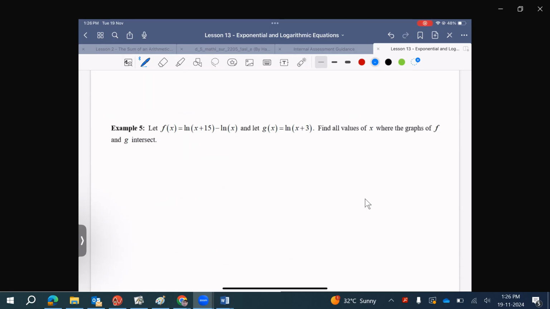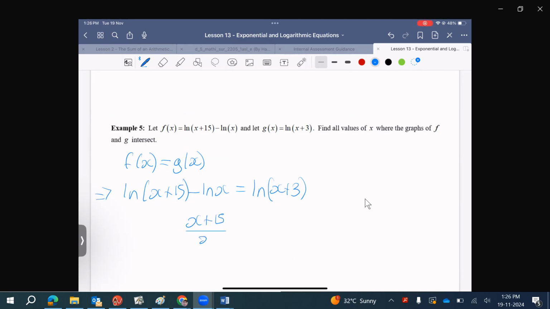So if f of x is equal to g of x, it implies that ln of x plus 15 minus ln x is equal to ln of x plus 3. We need to create one logarithm on each side, then take it away. We'll get x plus 15 over x is equal to x plus 3.